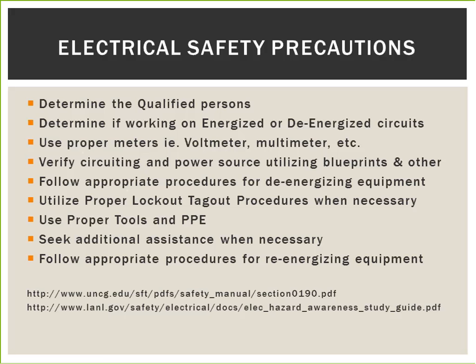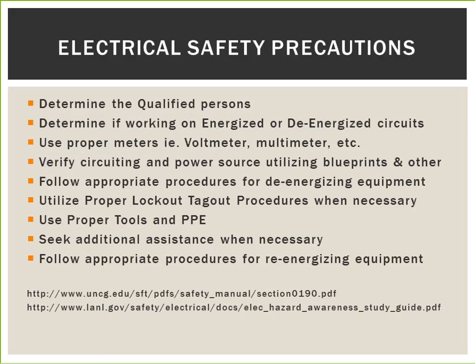Some of the basic electrical safety precautions you will always follow are: determine the qualified person, determine if working on energized or de-energized circuits, use proper meters, for example voltmeters, multimeters, and many others, verify circuiting and power source utilizing blueprints and other sources, follow appropriate procedures for de-energizing equipment, utilize proper lockout tagout procedures when necessary, use proper tools and PPE or personal protective equipment, seek additional assistance when necessary, and follow appropriate procedures for re-energizing equipment.